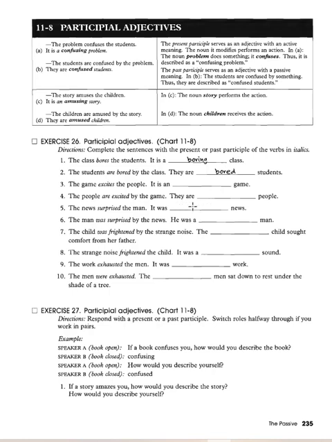They are. Do we say exciting or excited? Because we have people, we say excited. They are excited people. The news surprised the team. It was surprising news. The man was surprised by the news. He was a surprised man.